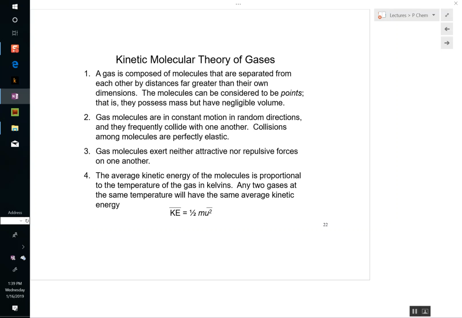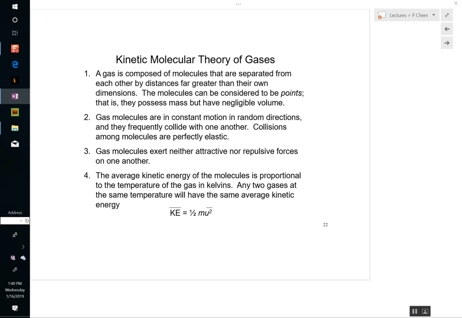They're in constant motion in random directions. They frequently collide. They're not just colliding with the sides of the container. They're colliding with each other. Gas coming through the room, a perfume or some aroma coming through the room is bouncing along through all the air, the nitrogen and oxygen.